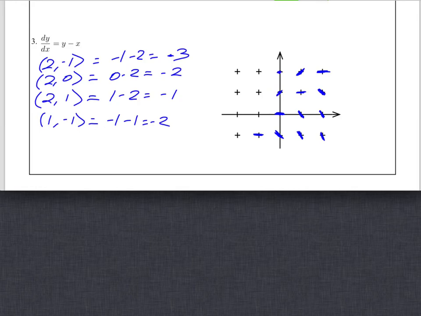What about that one? 2. And this one? 1. I was at 0, and 0's below it, so this one's got to be 1. The next one's got to be 2, and the one above that has to be 3. What am I starting with here? I'm starting with 1. The one above it? 2, then 3, and then 4.